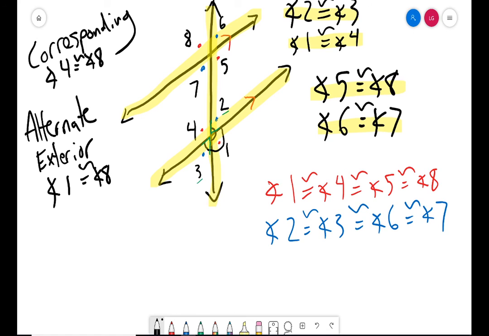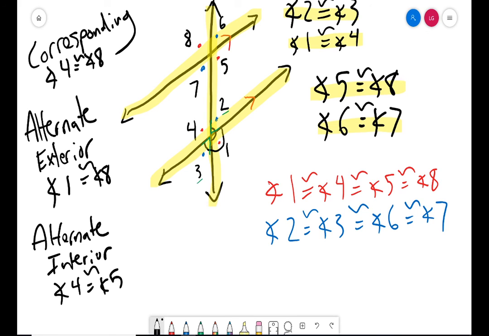Like 6 and 8 are alternate, 7 and 5 are alternate, but 1 and 8 are alternate exterior. You can kind of see the relationship here. Also 3 and 6. And you might be looking at the other relationships we haven't labeled. The other pairs of dots that are the same color, alternate interior angles, say 4 and 5, but also 2 and 7.